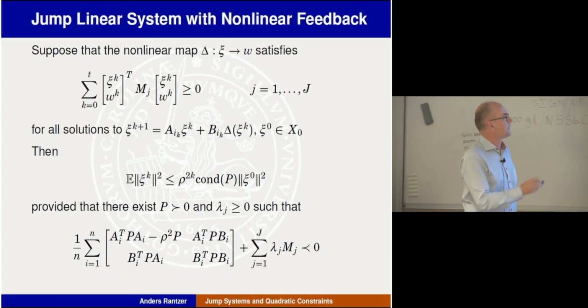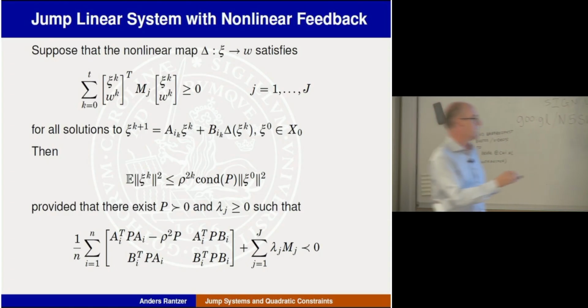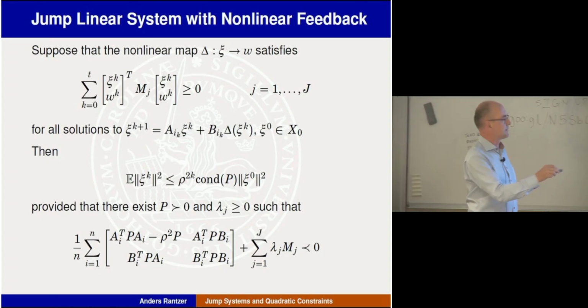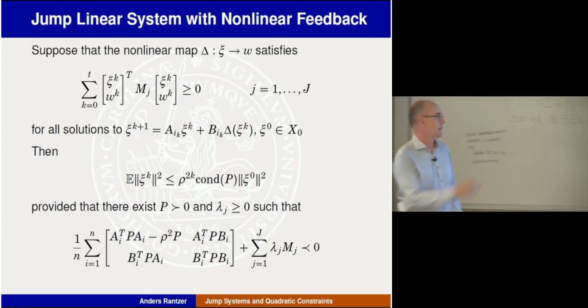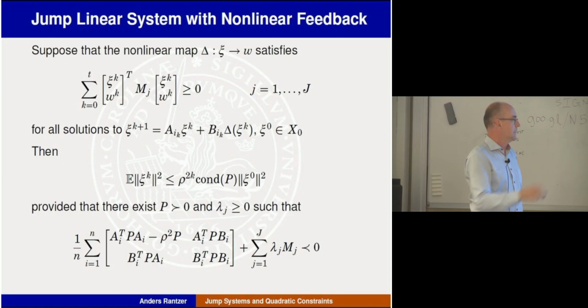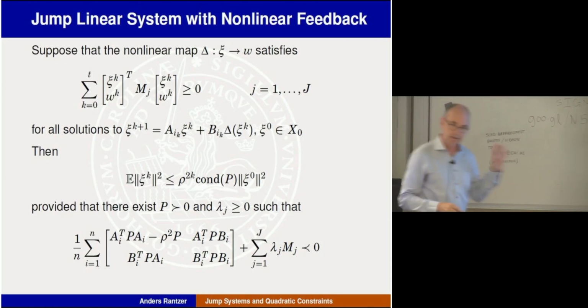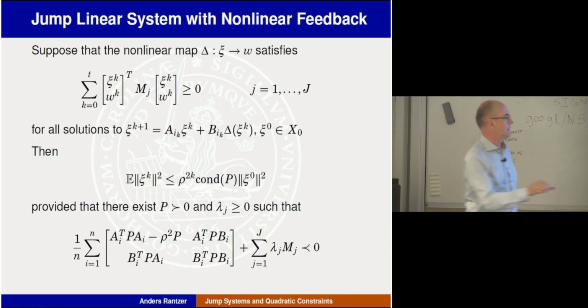Anyway, if we combine the linear equation with the quadratic inequalities, we can prove a convergence rate which is now given as expected values, and see that they must converge geometrically. And this parameter rho is something we can compute by solving a semi-definite program.